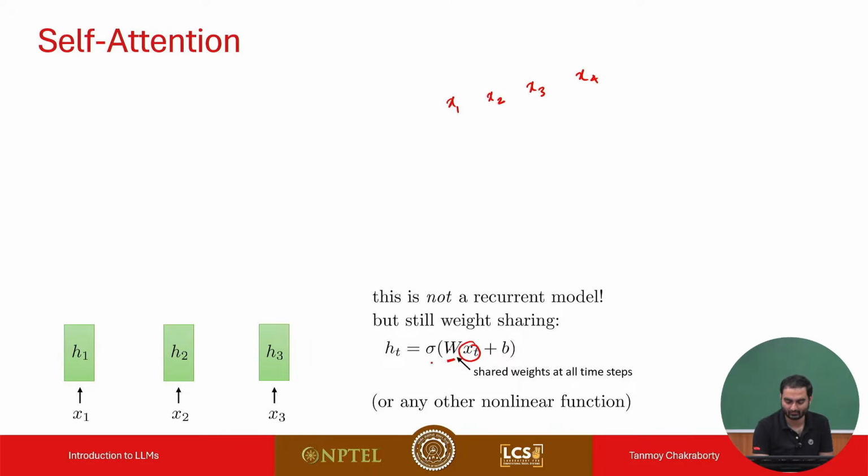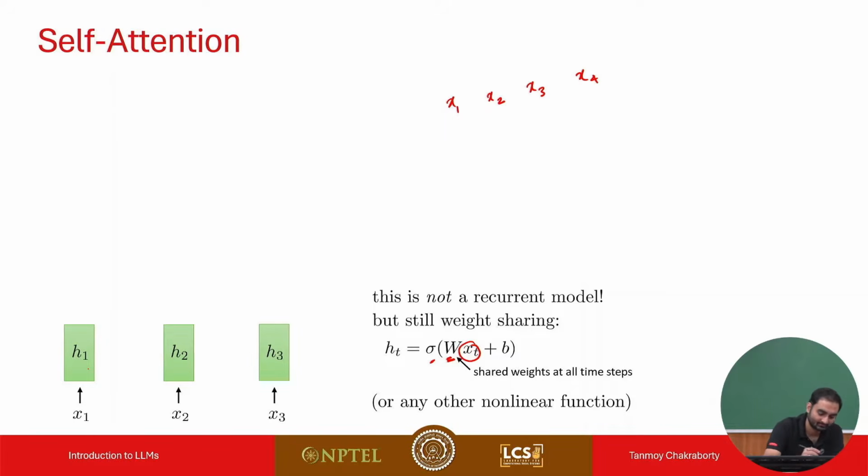This is a linear weight W, a learnable weight, and a non-linearity, and we obtain hidden states h1, h2, h3. Now from each of the hidden states, I will generate 3 vectors. One is called the query, the other is called the key, and the remaining one is called the value.